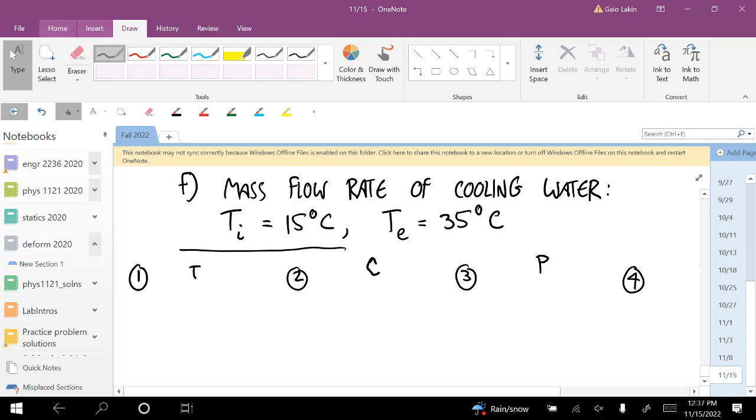Okay, so going into the turbine, we know we have a pressure P1 of 8 megapascals. Above this, let me write, I'm just going to squeeze this in. We know that this is a saturated vapor going into the turbine.